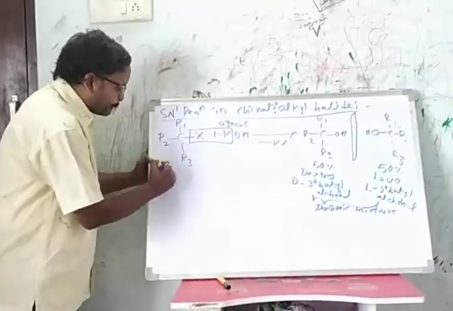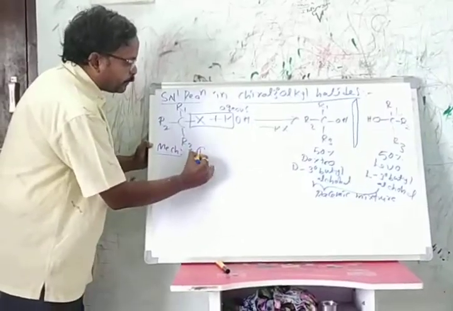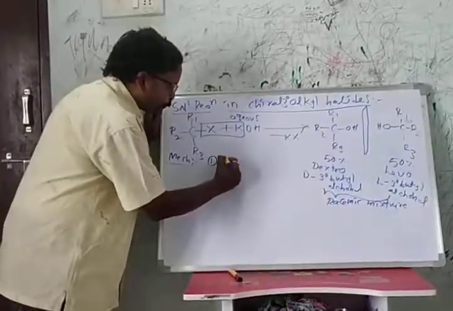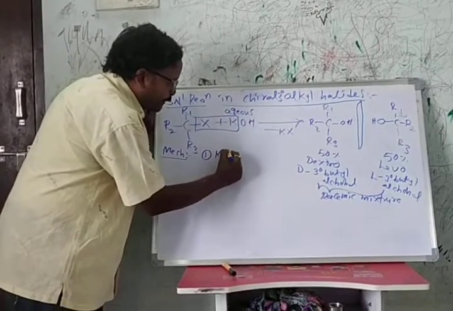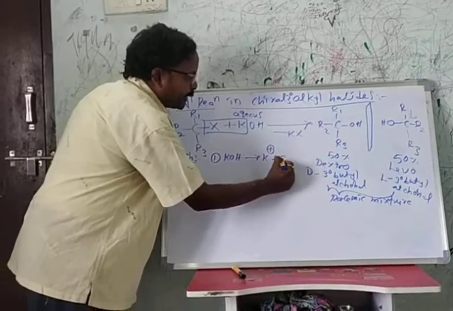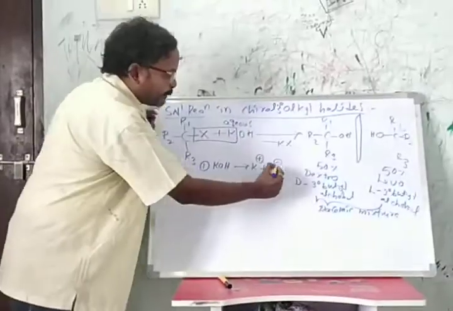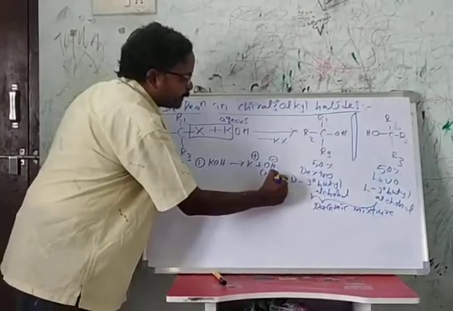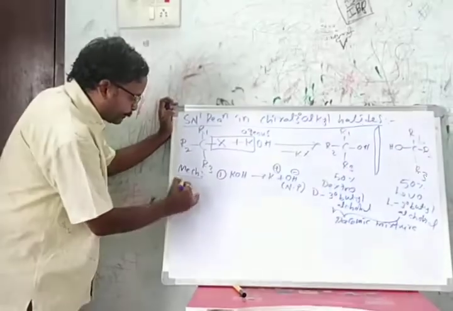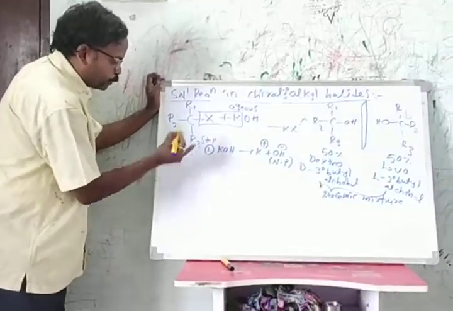Then see the mechanism for this reaction. It also involves 2 steps. One is aqueous potassium hydroxide dissociates, or ionizes, into K plus and OH minus. This OH minus ion is the nucleophile. This is step 1, this is step 2.